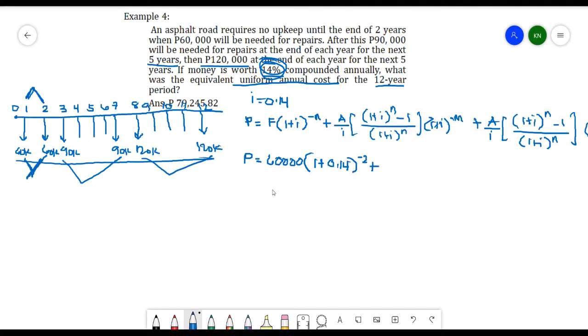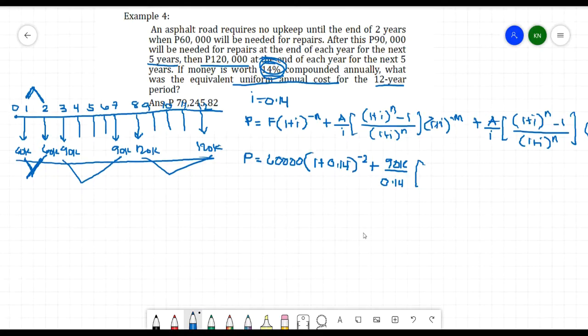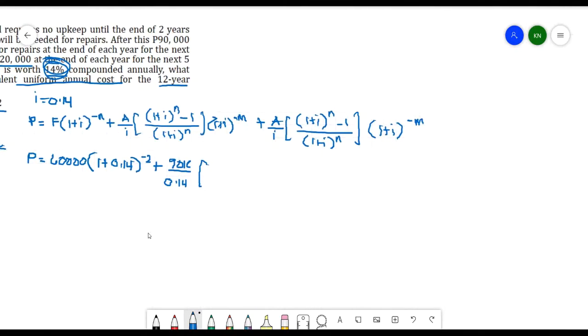Plus, for the 90K, we have 90K, and our I is 0.14, multiplied by 1 plus 0.14 raised to n, which is, there are 5 number of payments, right, for 90K.